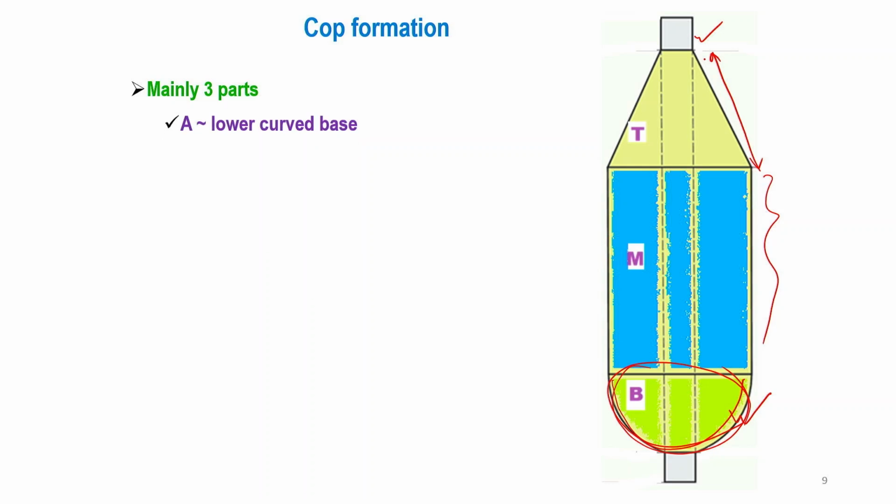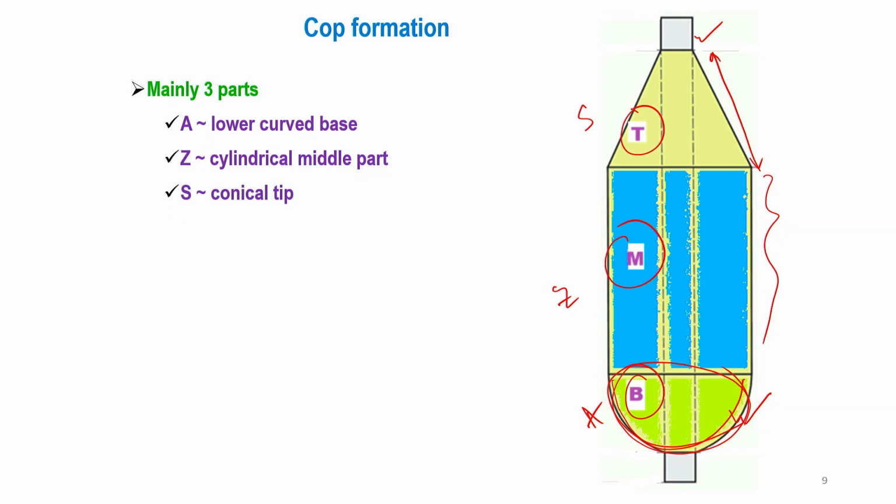So, three parts: A, the lower curved base, shown here at the bottom; Z, the middle cylindrical part; and S, the top conical shape.